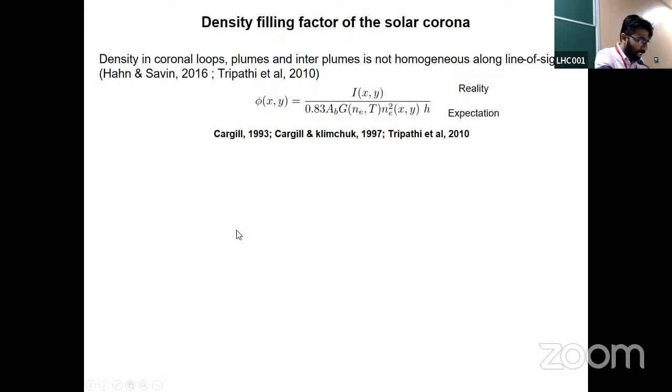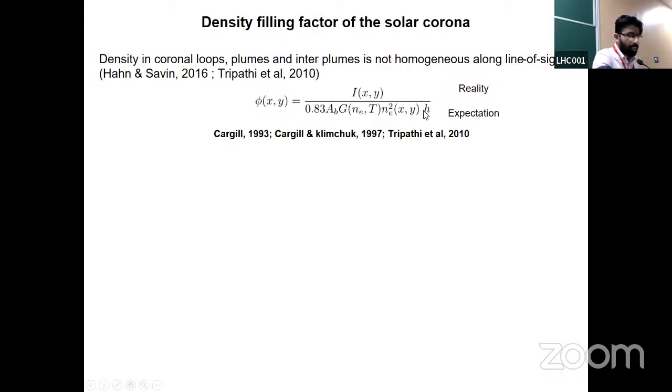They calculate the filling factor like this. They estimated the intensity that they are getting, and they divide it by the expected intensity that one should get if the coronal loop is uniformly filled with a density N_e, and the depth of the coronal loop is H. The question is how to find H here, right?